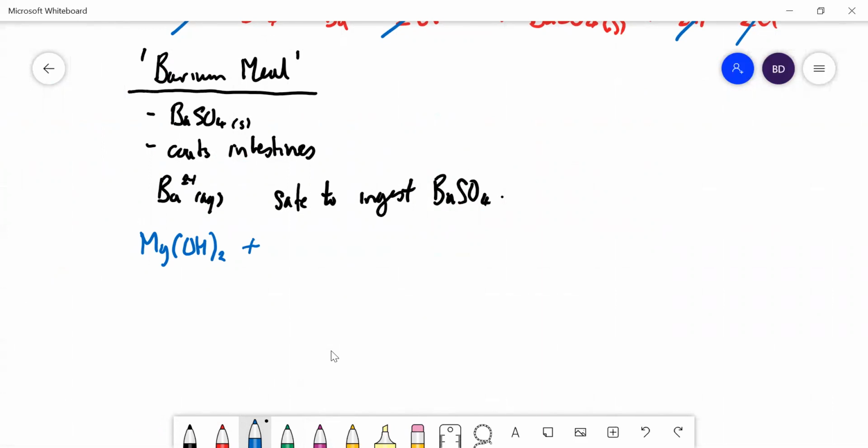And if you've got acid in your stomach, it will neutralize the acid. There's HCl in your stomach, acid indigestion. So you'll get magnesium chloride and H2O produced, and that neutralizes the acid.